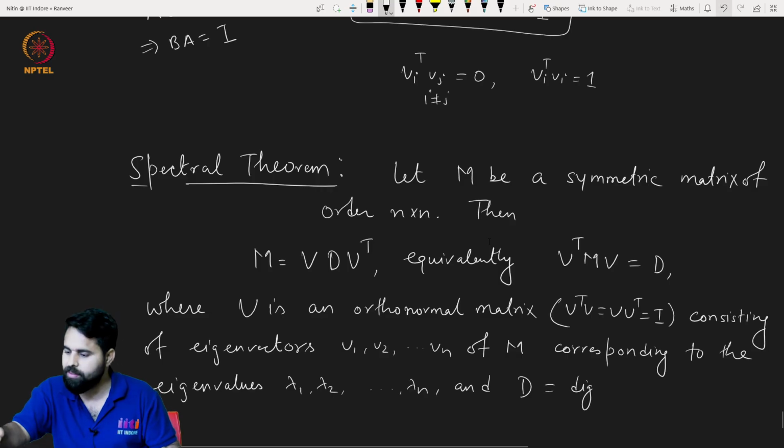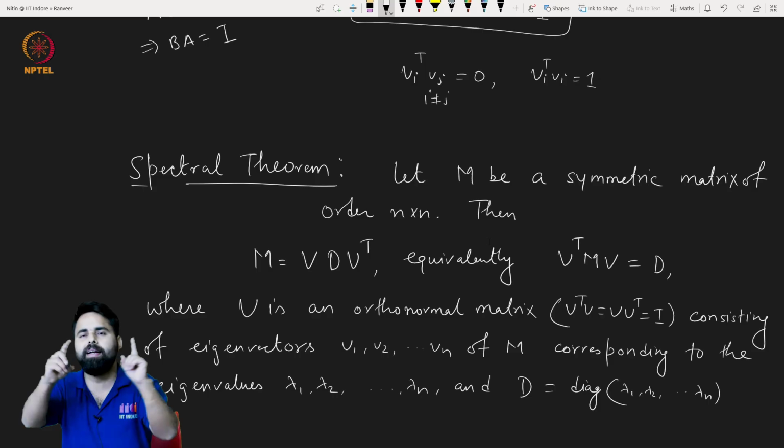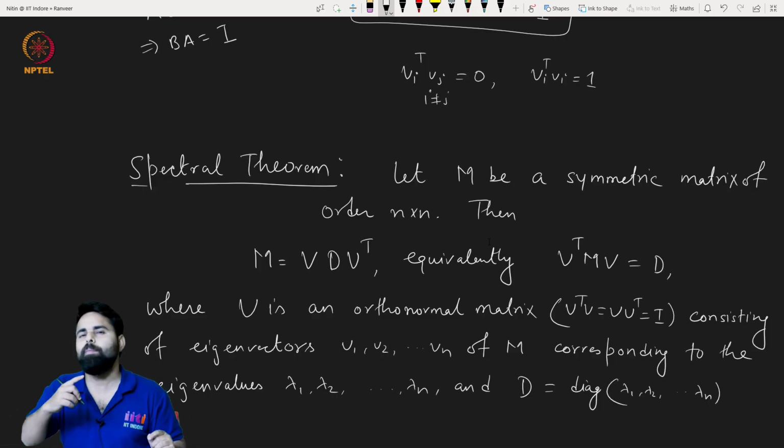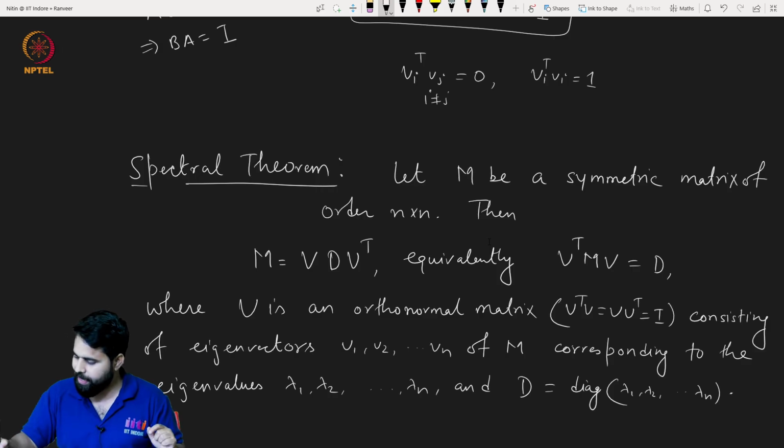We denote it by diag(lambda 1, lambda 2, up to lambda n). Basically this is a diagonal matrix with lambda 1, lambda 2, up to lambda n on the diagonal. So diag will be the notation for a diagonal matrix. Okay, very good.